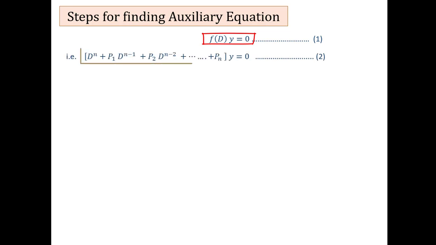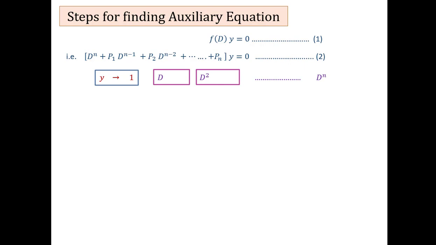Suppose we have a differential equation in the form of f(D)y = 0, which can be written as, now to make auxiliary equation, we will replace y by 1 and capital D, D square, D power n by m, m square, m power n in equation 2.